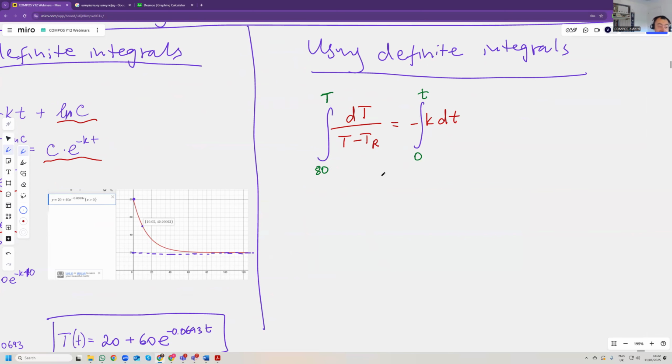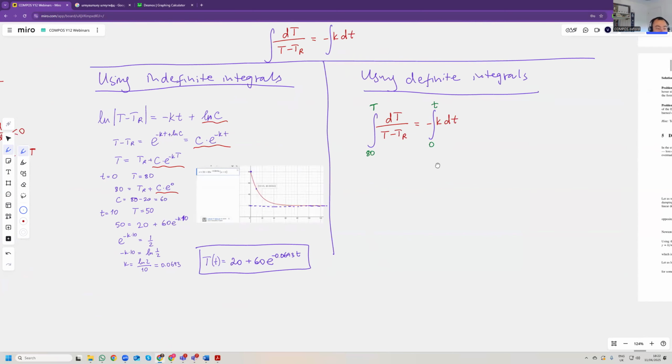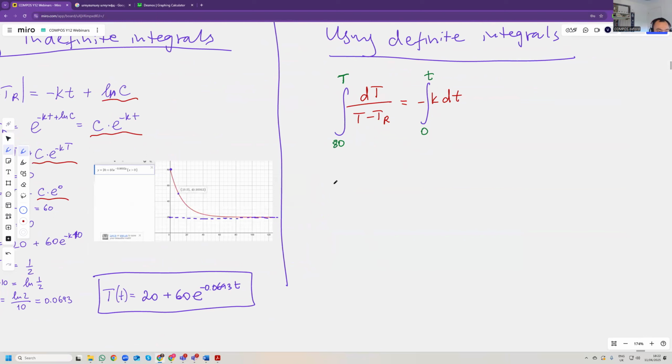Then my integration becomes slightly easier, because now I have a logarithm of T minus T_R between limits 80 and T, and that equals minus kt between limits 0 and t.